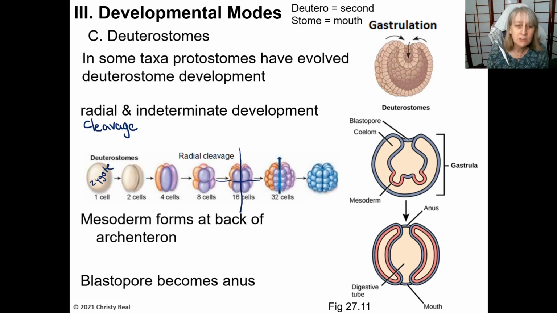It also is indeterminate development. These cells very early on do not have their complete fates developed. That means that they can take on the role of other cells. We'll talk a little bit about this during development.